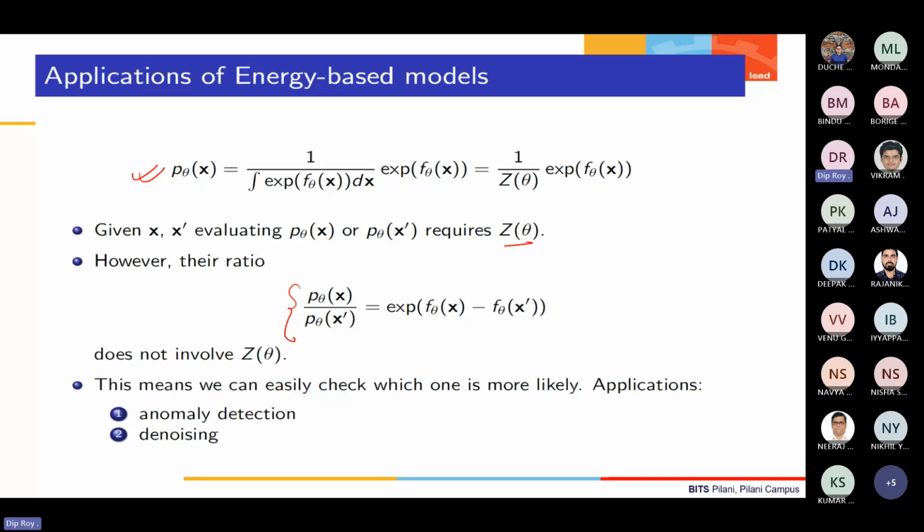This means that comparing the probability of any 2 points does not require us to know the normalizing constant Z theta. Now, having said that, there are a lot of applications, like anomaly detection, where you can always do a comparison, denoising, and all those particular things.